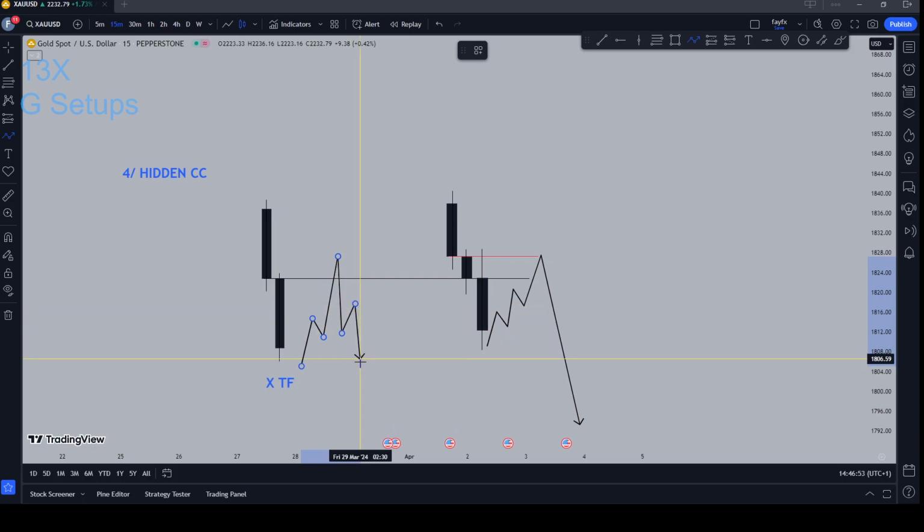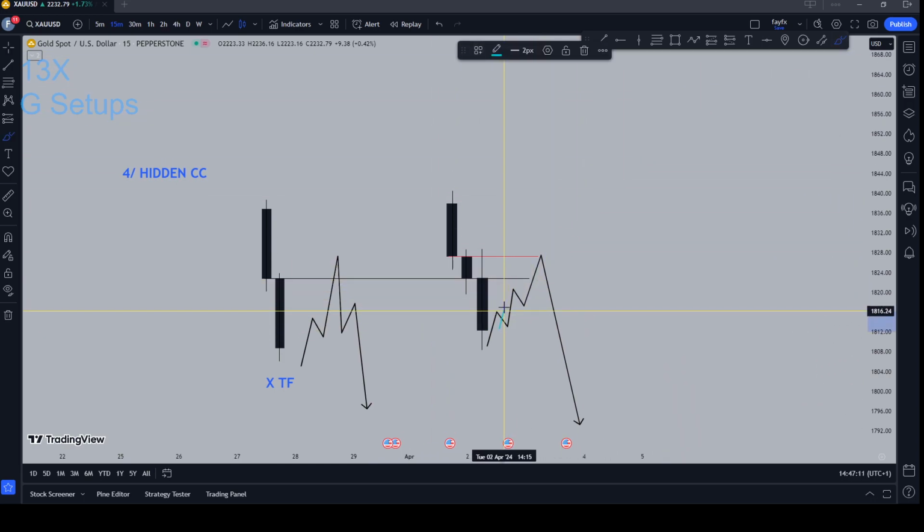But in reality, price came up, ignored that gap level to reach this gap CC to continue the move down. That's what we call hidden CC. Price here will come up, ignore the main gap level, to reach the CC that formed before and continue the move down.